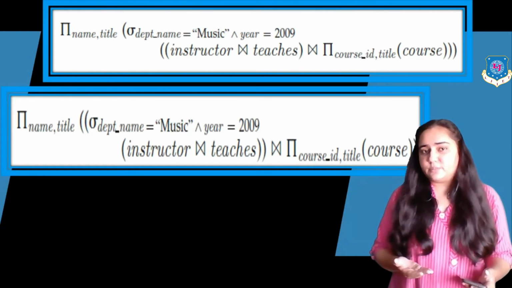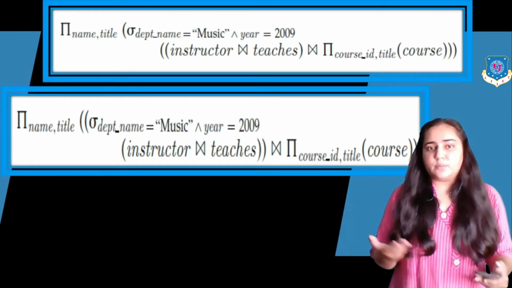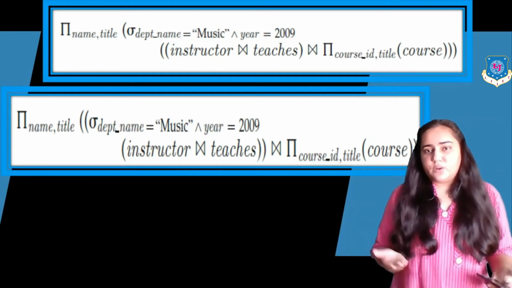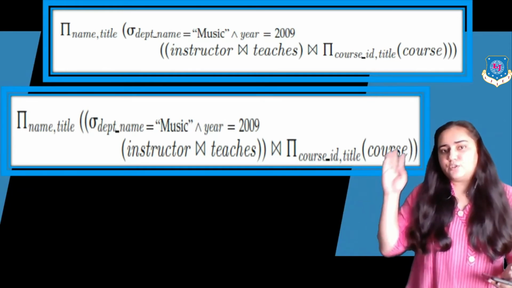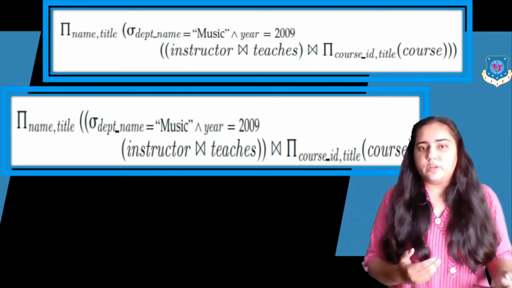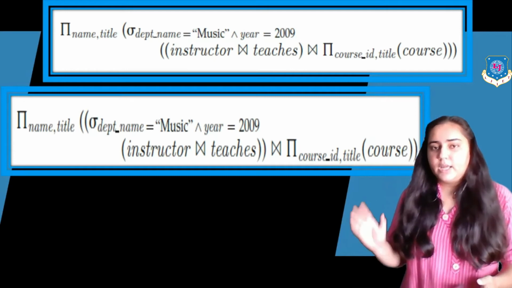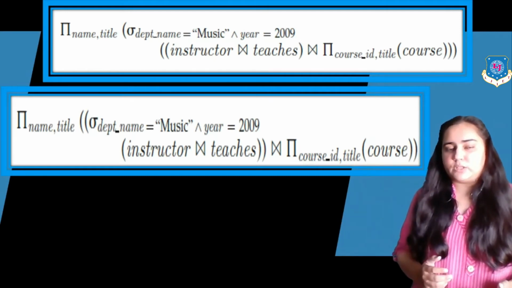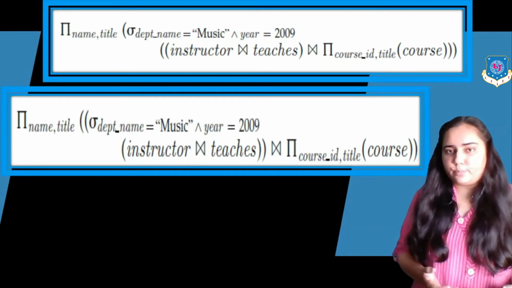The reason for this being, instructor contains department name column and teachers contains year column. So I do not need the course table in order to perform the sigma. So first I'm applying sigma on instructor natural join teachers and pi on course, and then taking a natural join. So it's just a different order of operations.